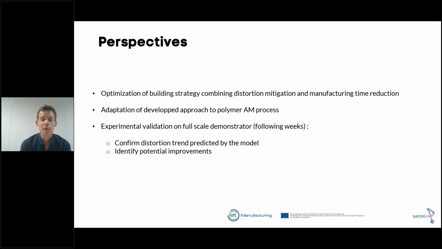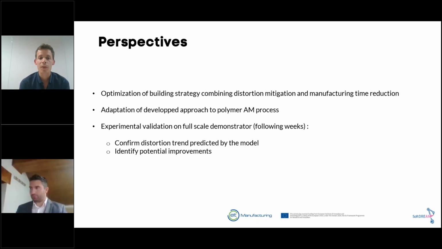And this full-scale demonstrator will be manufactured next week. It will be a way to validate the prediction from the model, confirm if the distortion trend predicted by the model is correct, and identify potential improvements for this distortion model.